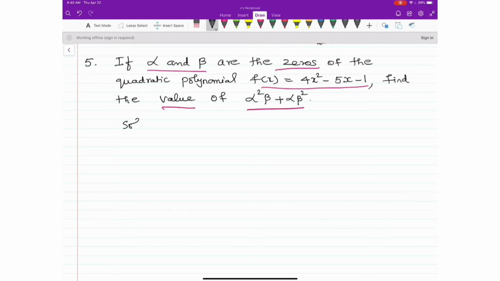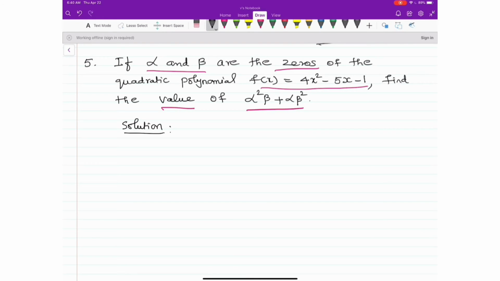Solution. What things are given to you here? The given polynomial is f(x) = 4x² − 5x − 1. This is given to you.